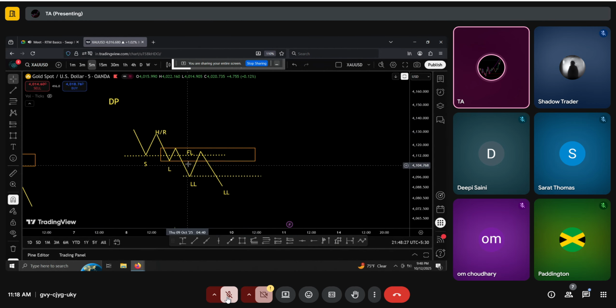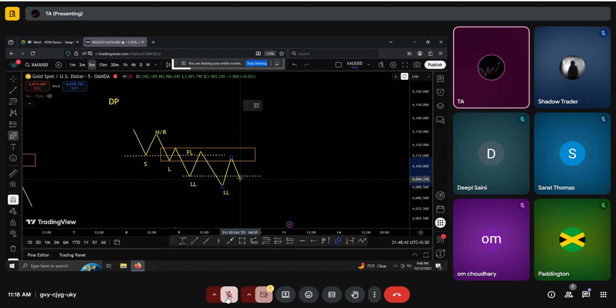So price created FL, came back, makes a lower low, then price goes up. When price reaches this FL, it has to decide if price has to be pushed down again or the price will go down here, right?